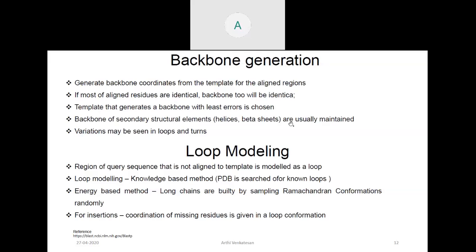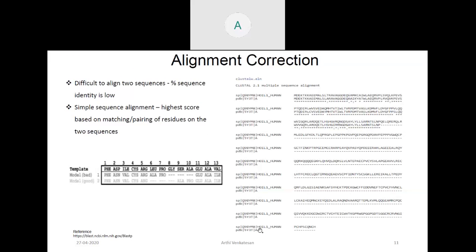For example, here I think you can find so many gaps, right? If you insert any amino acid related to that, it is called insertion of a loop. That's what I have mentioned here. If you have any doubts in this, you can ask.